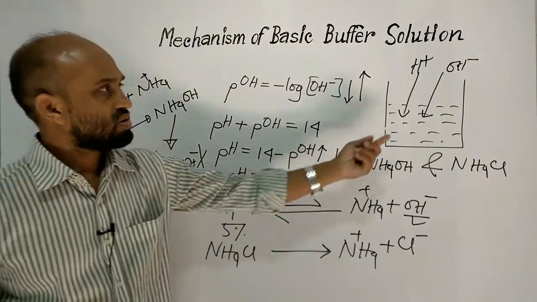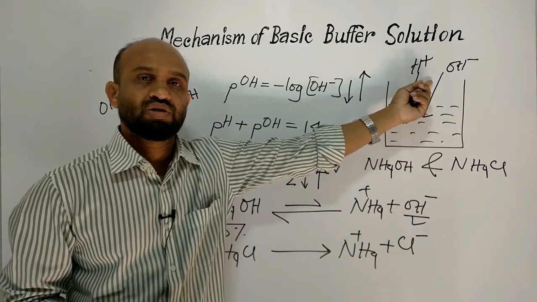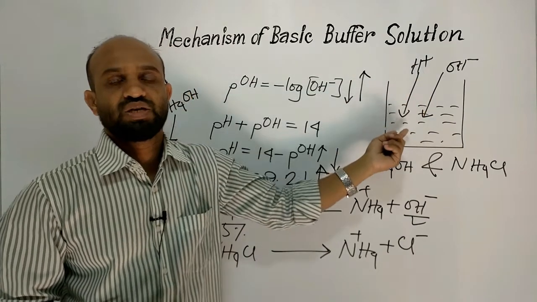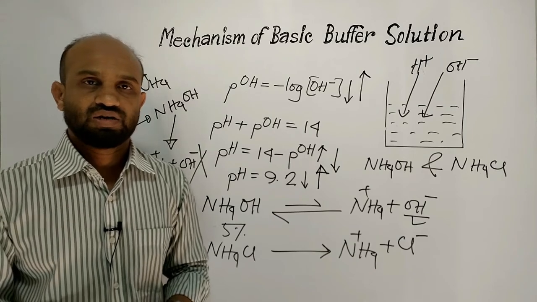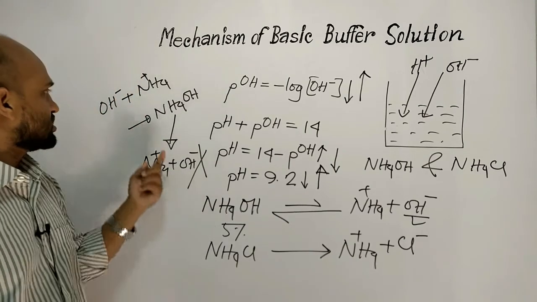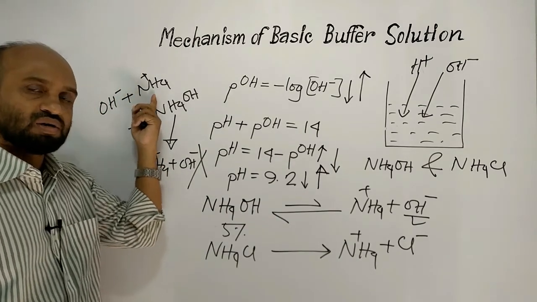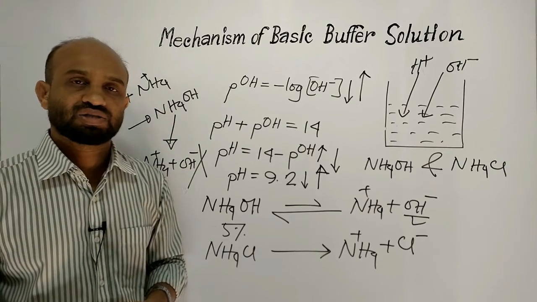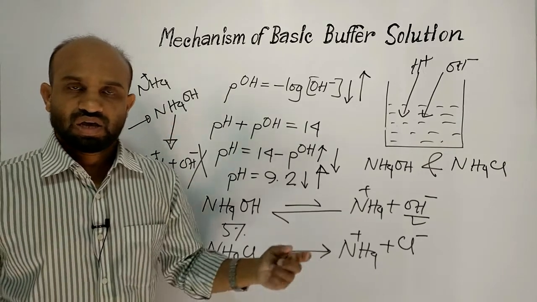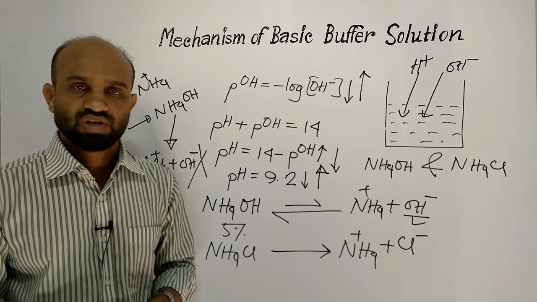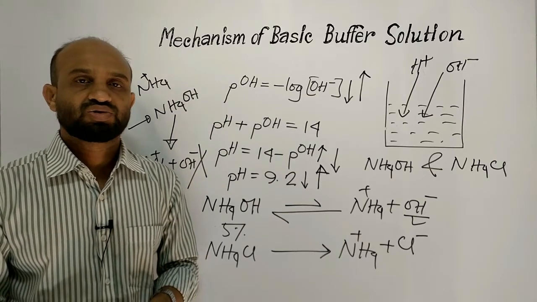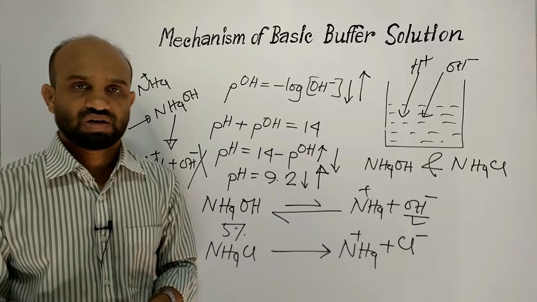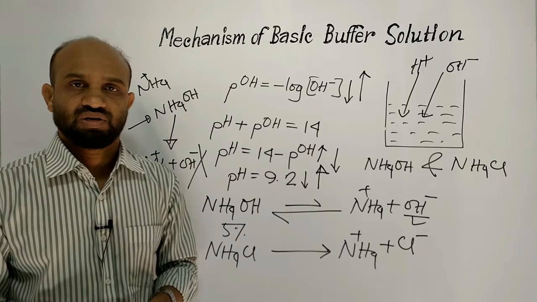And when small amount of base is added to basic buffer solution, this hydroxide ion combines with ammonium ion and ammonium hydroxide is formed. Ammonium hydroxide is a kind of weak base. It doesn't ionize to ammonium ion and hydroxide ion appreciably.